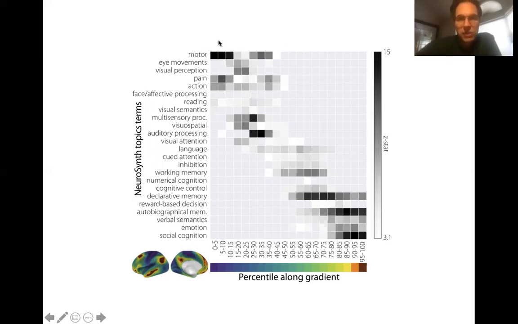At the bottom of this gradient, we see eye movements, visual perception and motor movement. Then as we go, we see visual attention and multisensory processing. And then higher up, we see working memory, declarative memory, autobiographical memory, emotion, and social cognition.